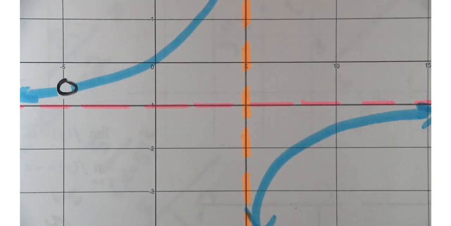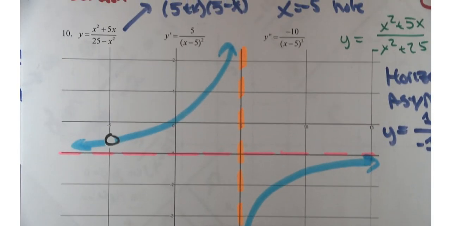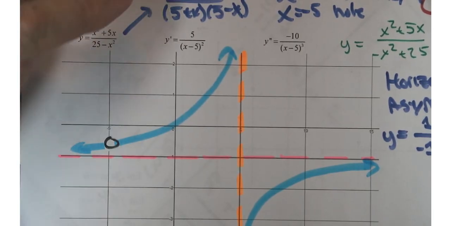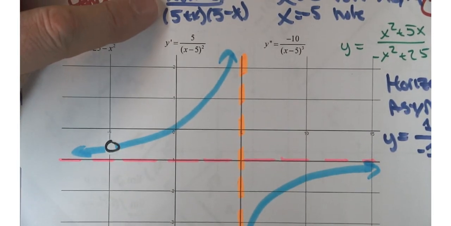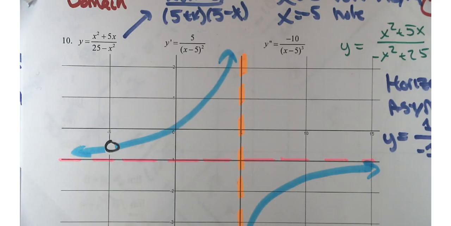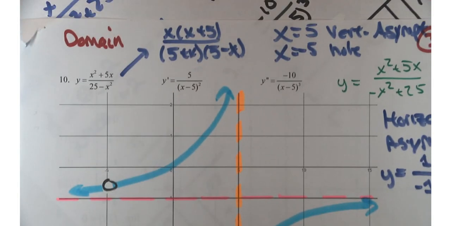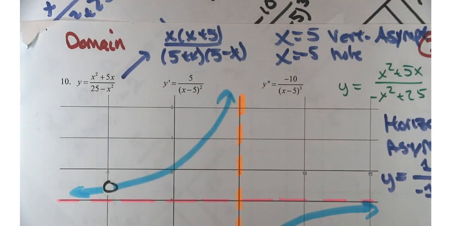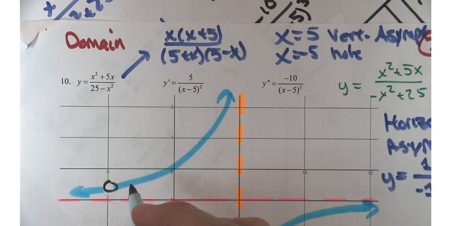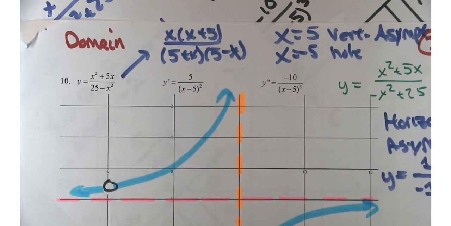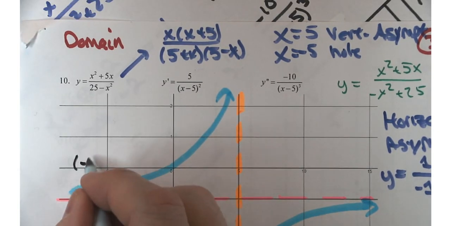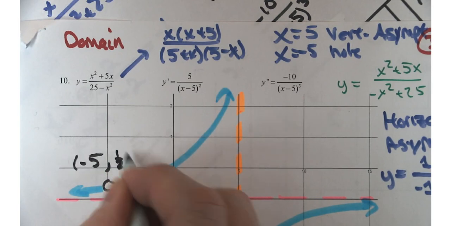You can find the coordinates by calculating the limit as x approaches -5 of that. You can get that limit in one of a couple ways. You can use L'Hopital's rule, or you can just cancel out those and take a look at the limit. I think you'll get -5 and 1/2 would be that hole. -5 and 1/2 for the hole.